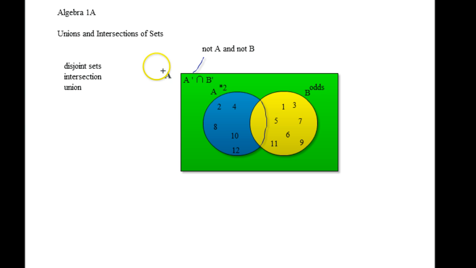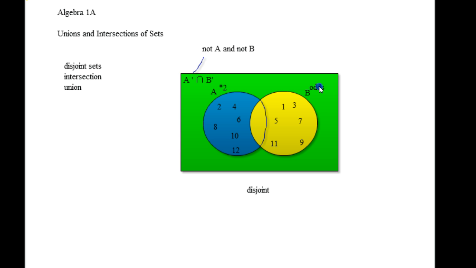These would never intersect, so we would call this disjoint. This would be an example of disjoint. They don't intersect. You have the multiples of 2, which are evens, and the odds.